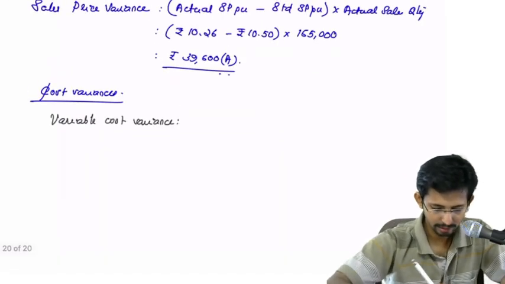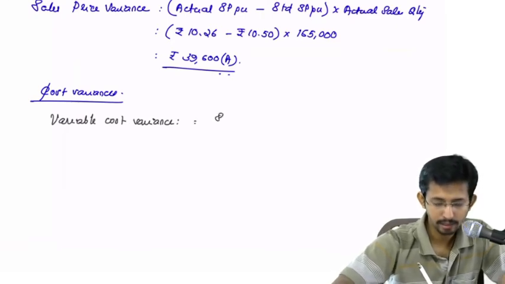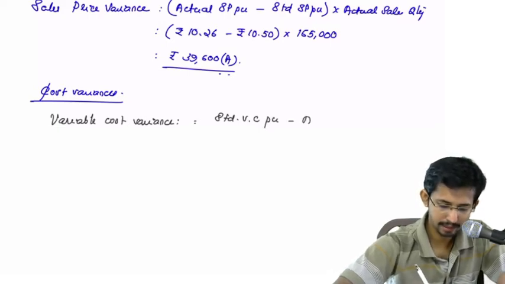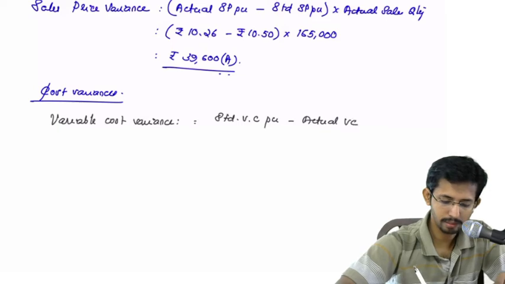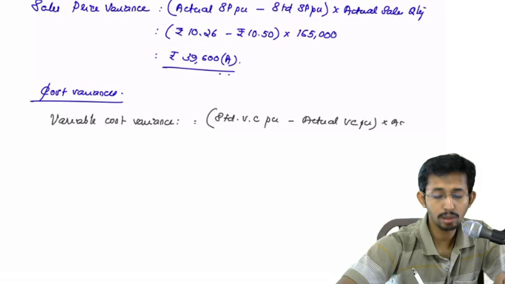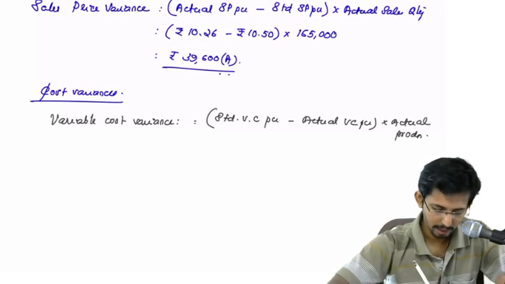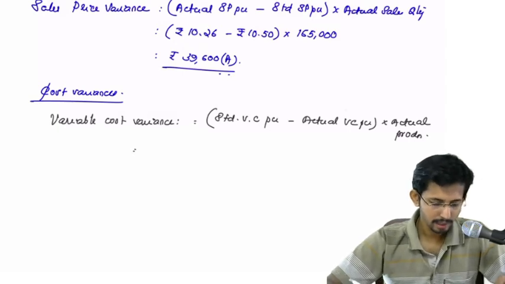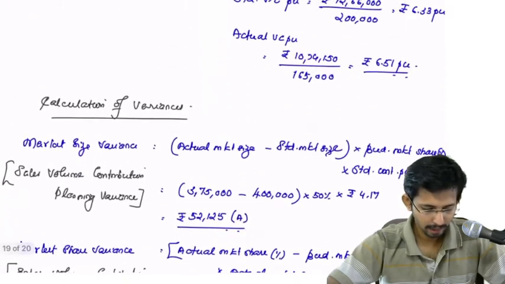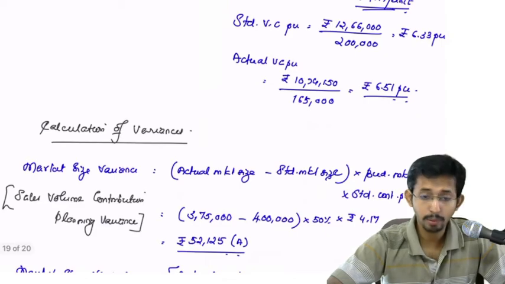So what you have to do here is, variable cost variance is the difference between standard variable cost per unit minus actual variable cost per unit, into actual production. What is standard variable cost per unit? We have already computed, 6.33, and actual variable cost per unit is 6.51.